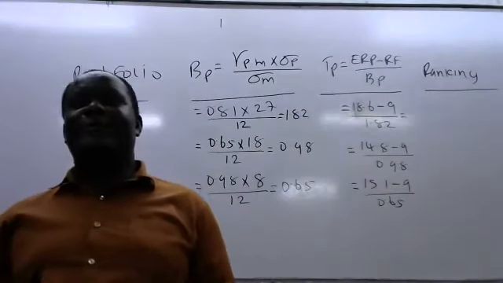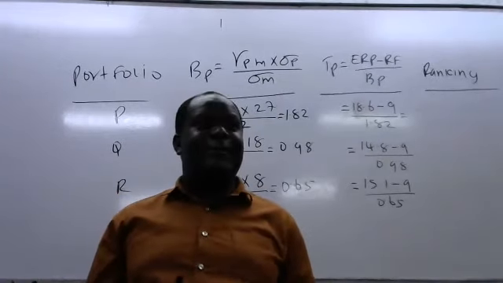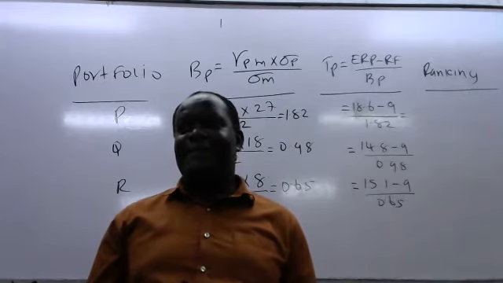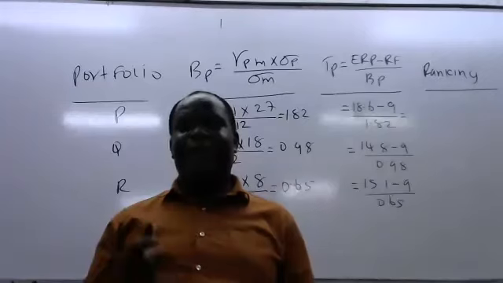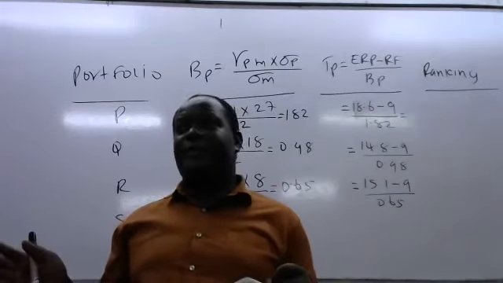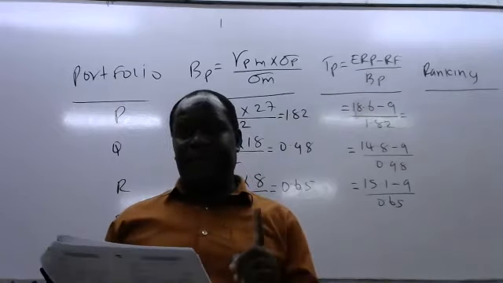How about number 2? Number 2, it is not the same. Then number 3? Number 3, no. So from there, you can see that there are differences in ranking when you use the 2 methods. So that's now our part C of the question.